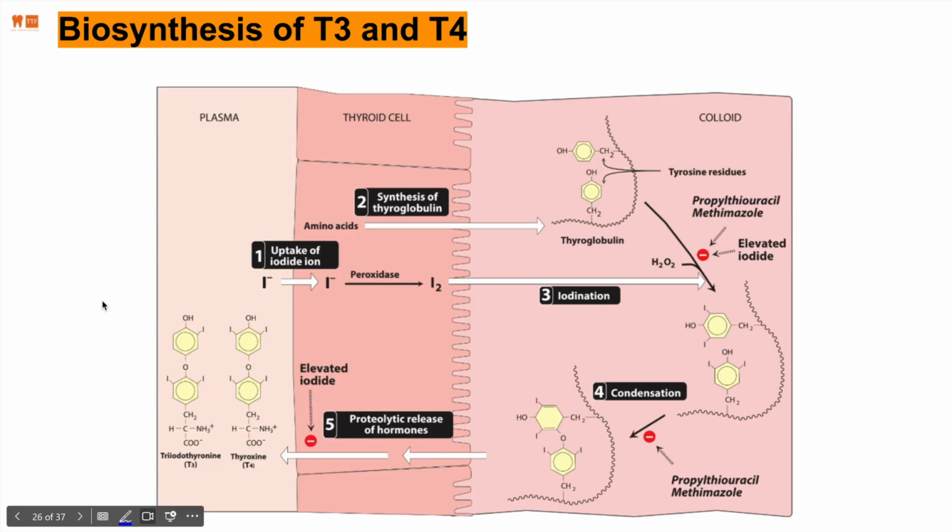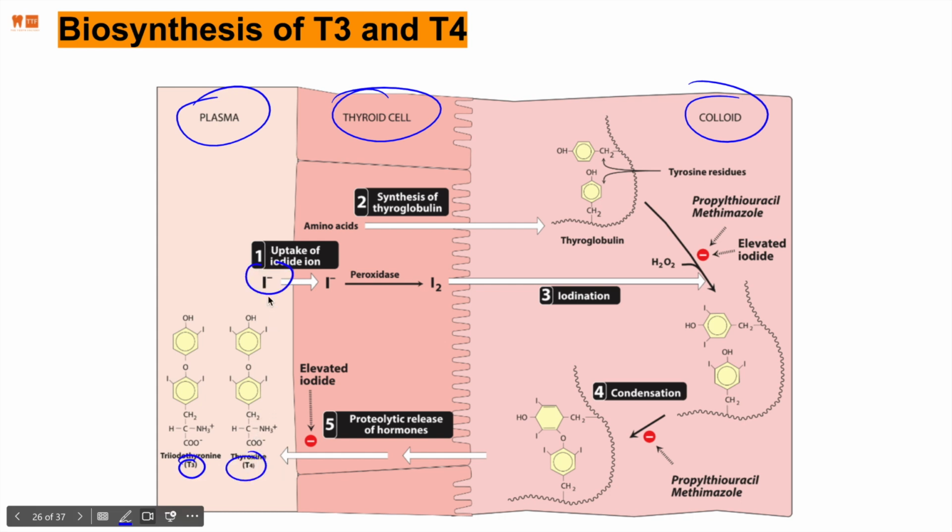Another reference from another textbook. Plasma, thyroid cell, colloid, which is inside the actual lumen itself. So in plasma, what we need is T3 and T4. Well, how do we get it? Iodide uptake into the thyroid cell. Iodide turns into I2 by peroxidase enzyme, which produces this active iodine, I2.